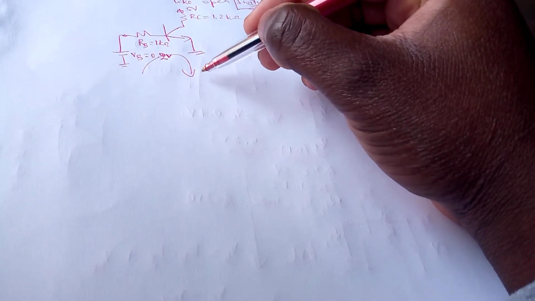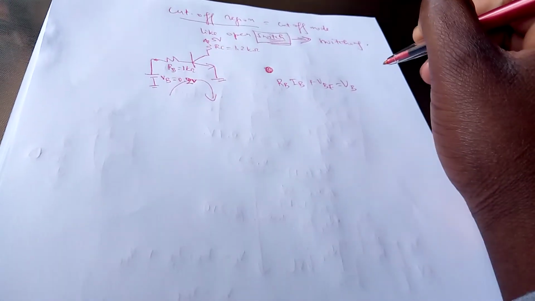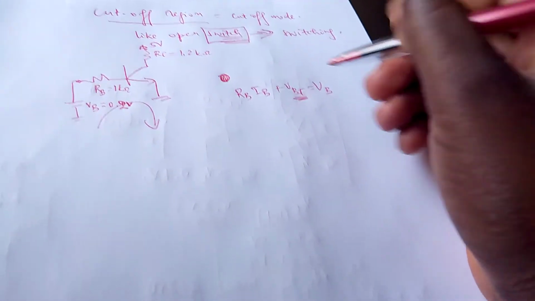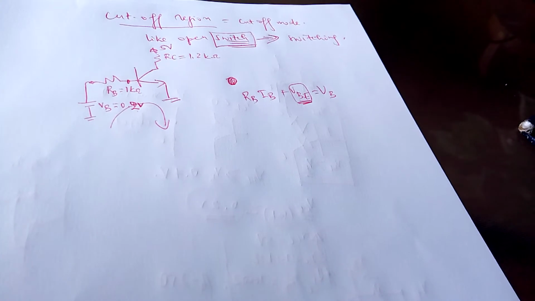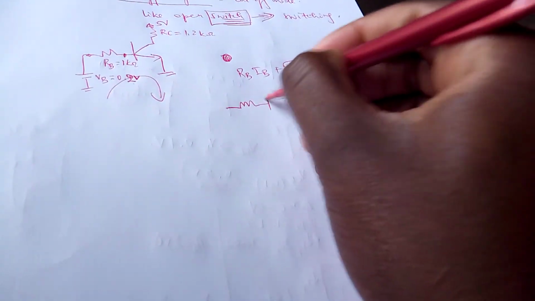If you consider the Kirchhoff voltage loop, you are supposed to have RB IB plus VBE equal to VB. But for VBE to exist, the EBJ junction must be forward biased. When VB is 0.2, we've got RB in series with a diode, so the voltage after RB will definitely be lower.